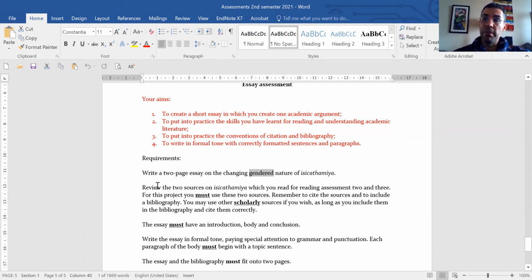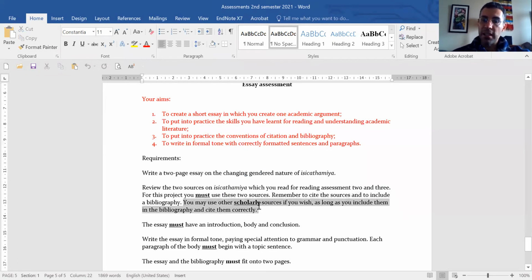So the meaning of this question is that you have to use those two articles that we have read, the one by Gunnar and the one by Ndlovu. Okay, and that you have to do a bibliography and you have to use citations.